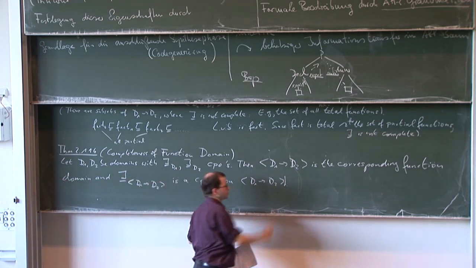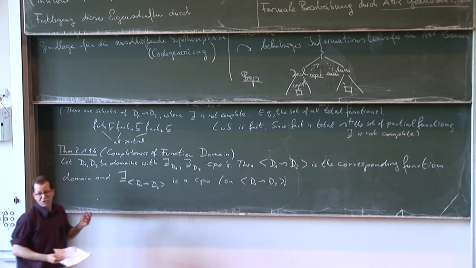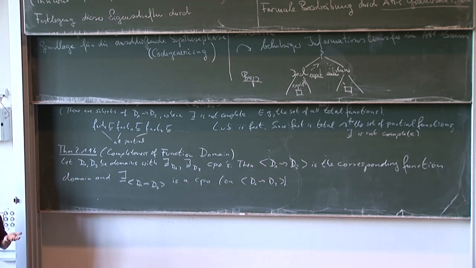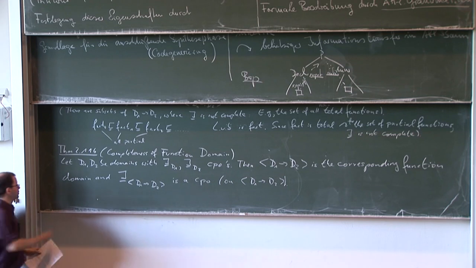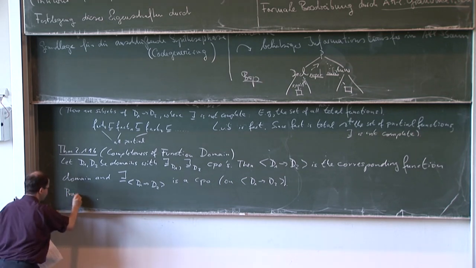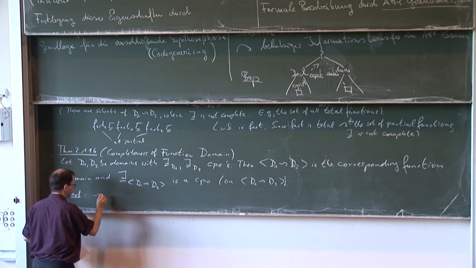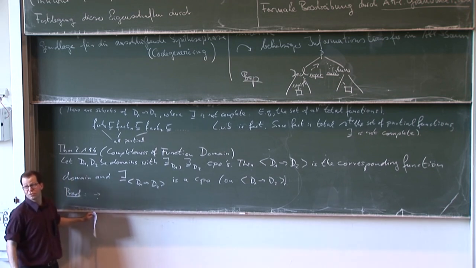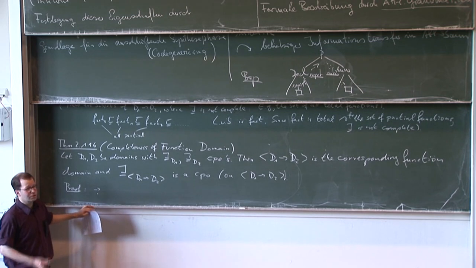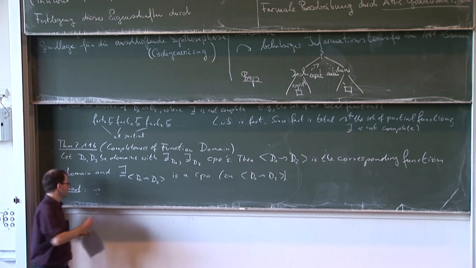So the main thing one has to prove here is that if you have a chain of continuous functions, then the least upper bound is also continuous. So the proof I will omit. It's in the course notes, so if you really want to read it, it is in the course notes. It's not too difficult, but a little technical.